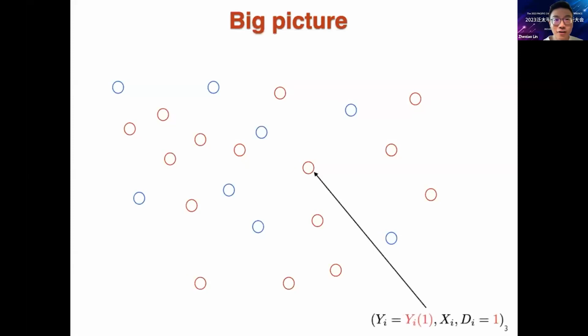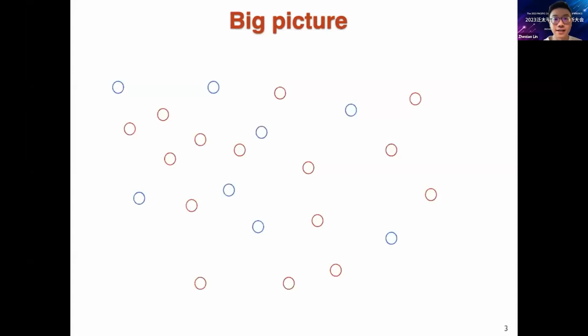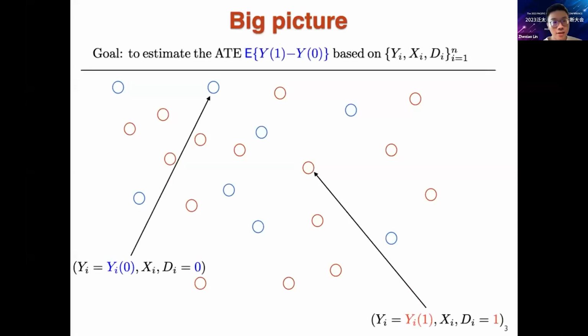But the previous one is the ideal case, because we cannot observe the 2 potential outcomes simultaneously. What we have in reality is 2 groups of data: the treatment group and the control group. We use the red ones for the treatment group and the blue ones for the control group.